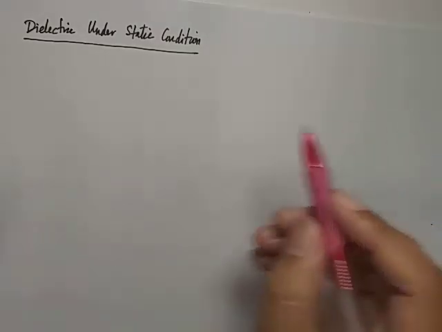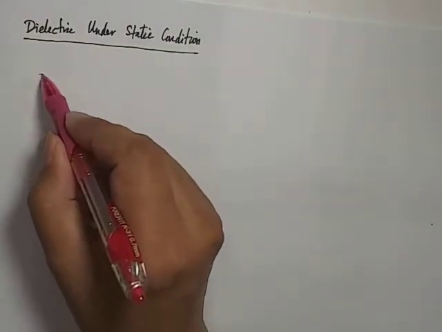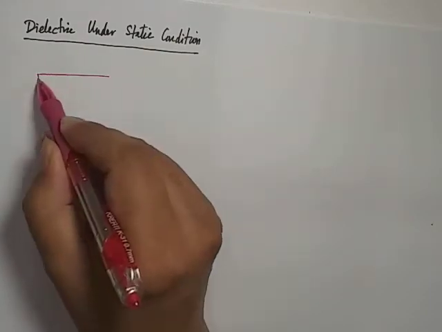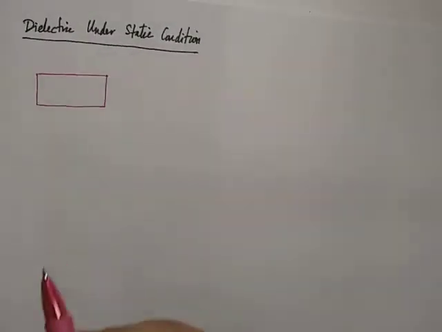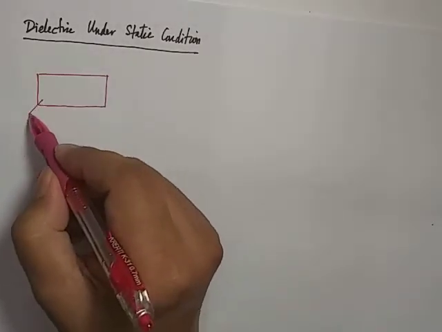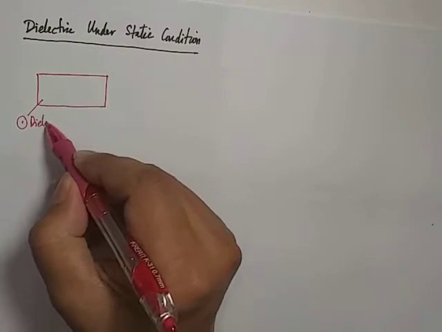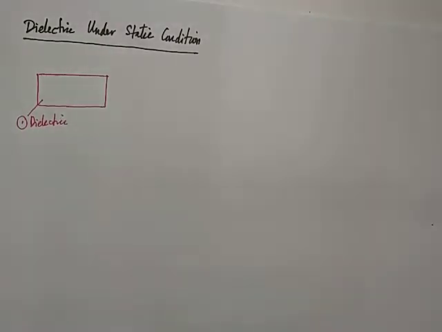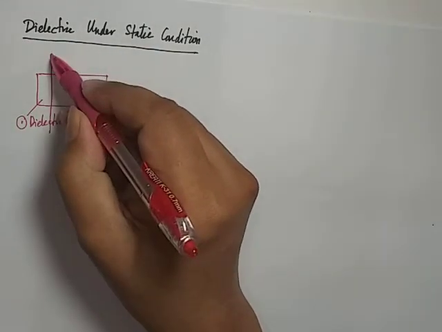So let's redraw that simple diagram. What we need in our discussion, the first component should be the material, and we're going to denote the material here as dielectric. The second component needed in the discussion should be the applied field.